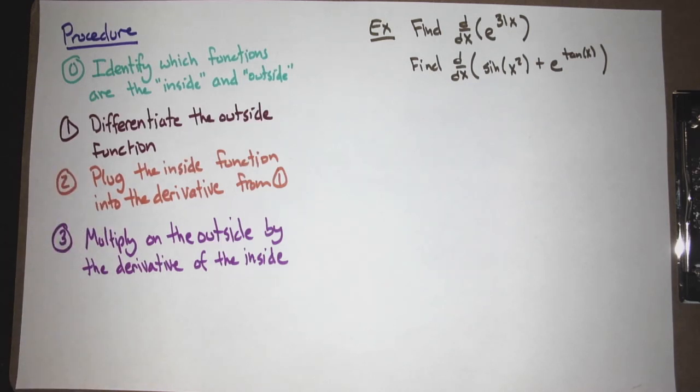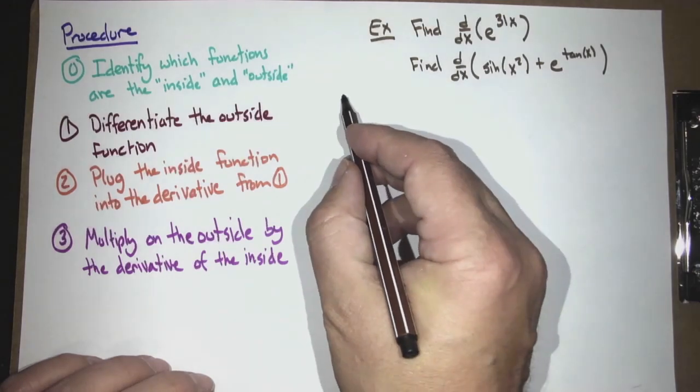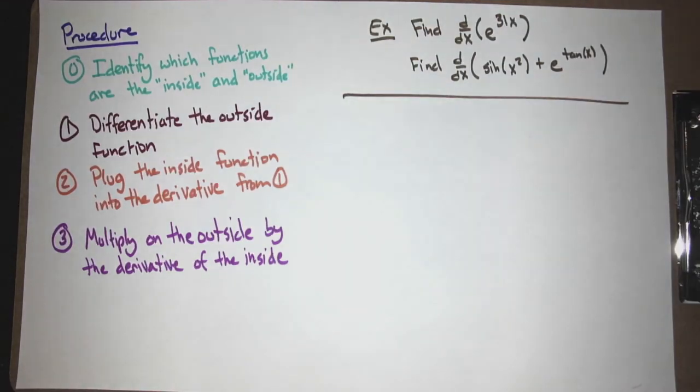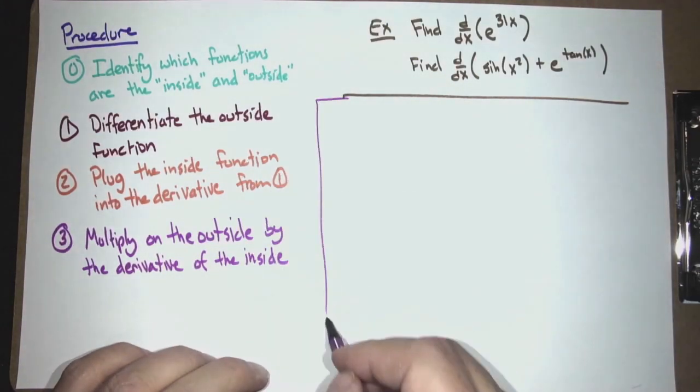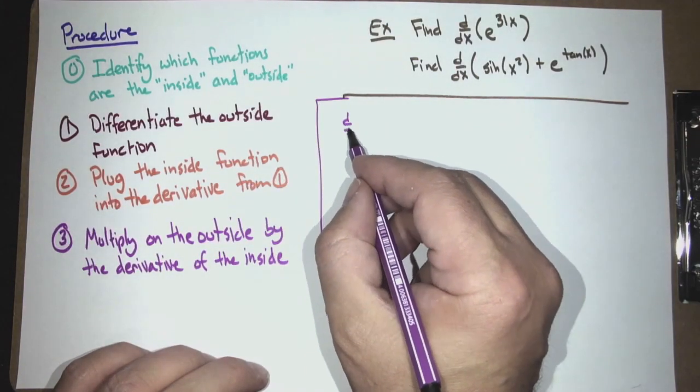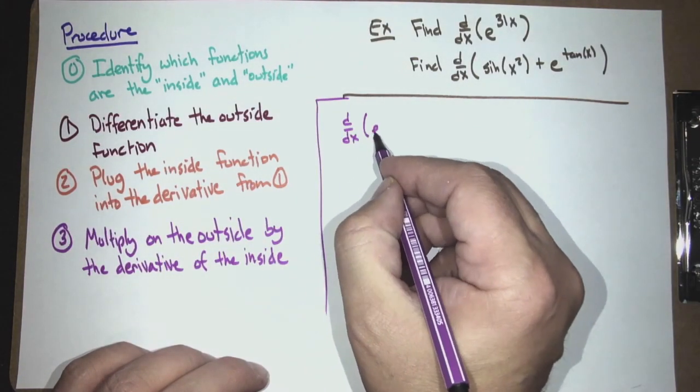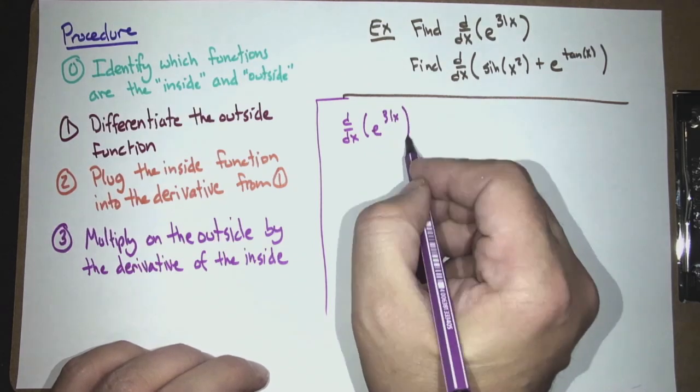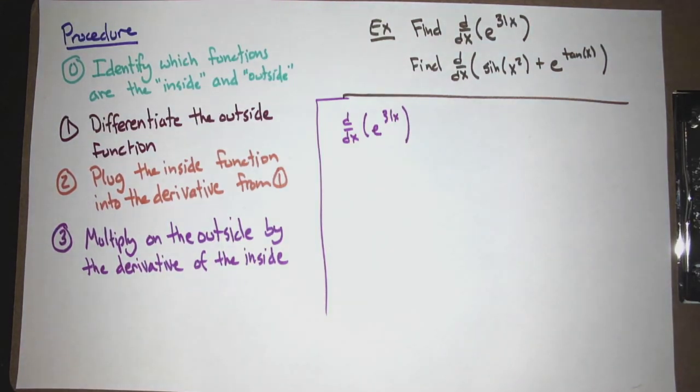Okay, so let's do some warm-up examples. Here we go. The derivative of e to the 31x. So let's do this in slow motion. Eventually we get to the point where we don't have to do this in slow motion. What is the inside function here?